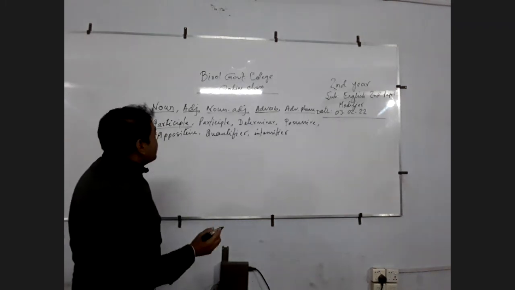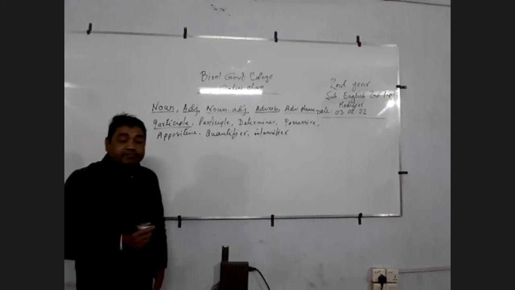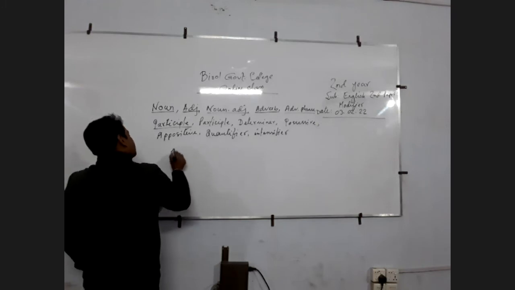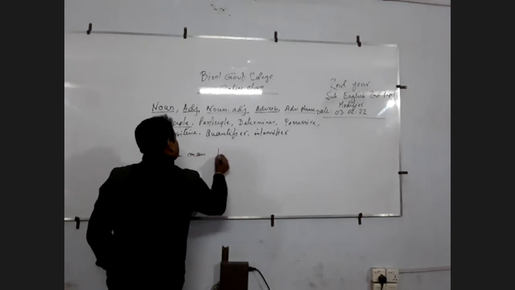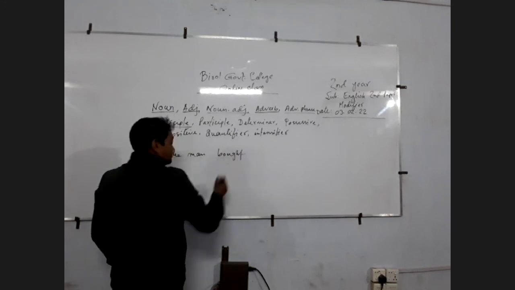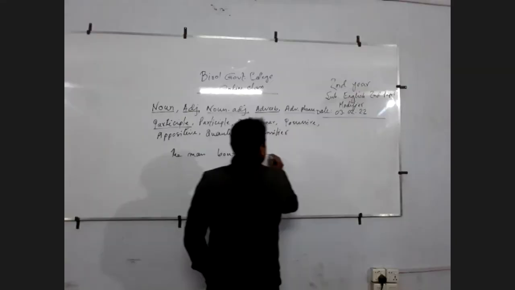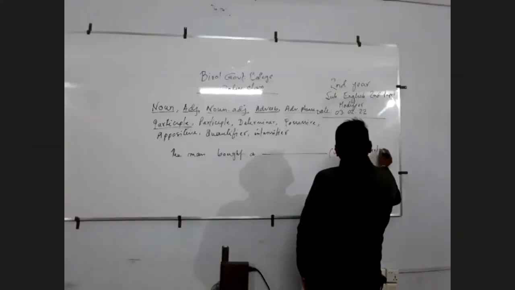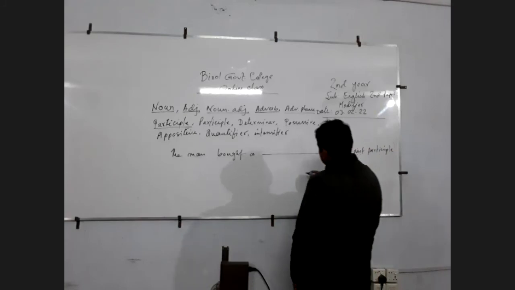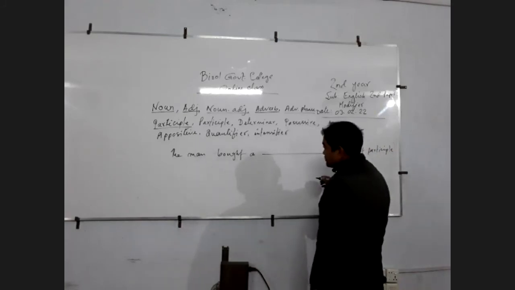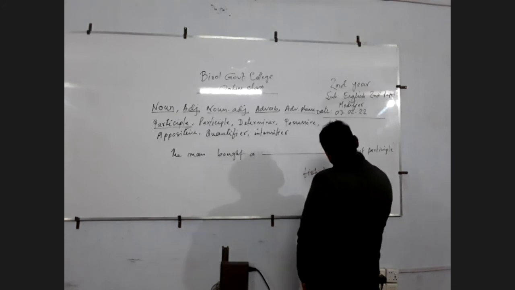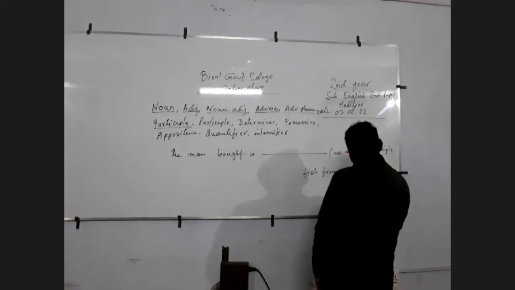And past participle. If you are instructed to use a past participle, suppose the man bought a, dash, fish from the market.